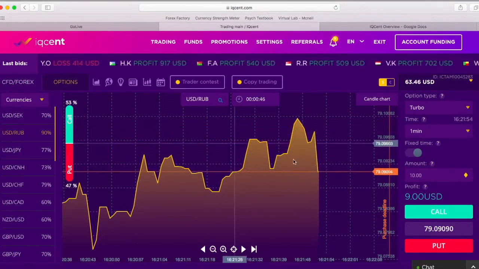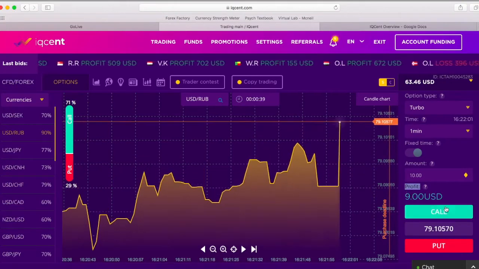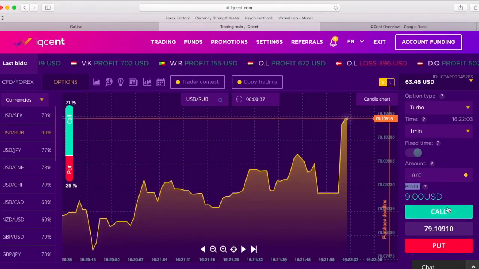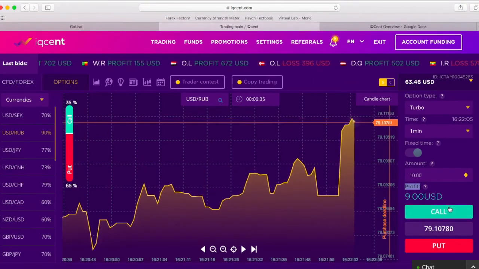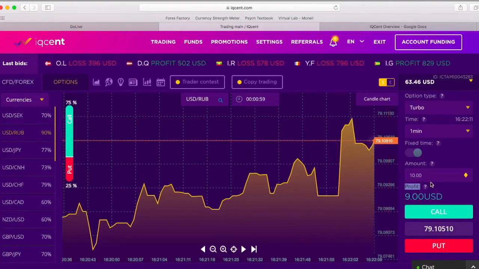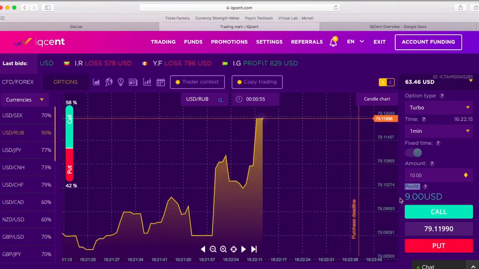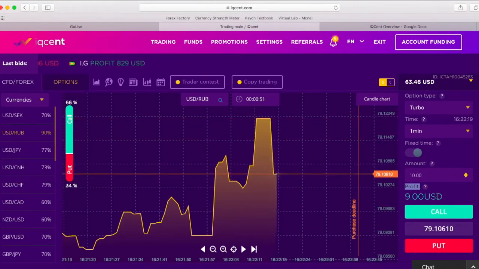If you navigate to the right side where it says amount and profit, your profit is essentially showing you your payout percentage. So the amount is where you enter the amount you want to risk, and that's how much you'd lose if you lost a trade. And then the profit is just showing you, in this case, 90% of your risk, which would be $9. So you'd make $9 if you won the trade, and you'd lose $10 if you lost a trade.